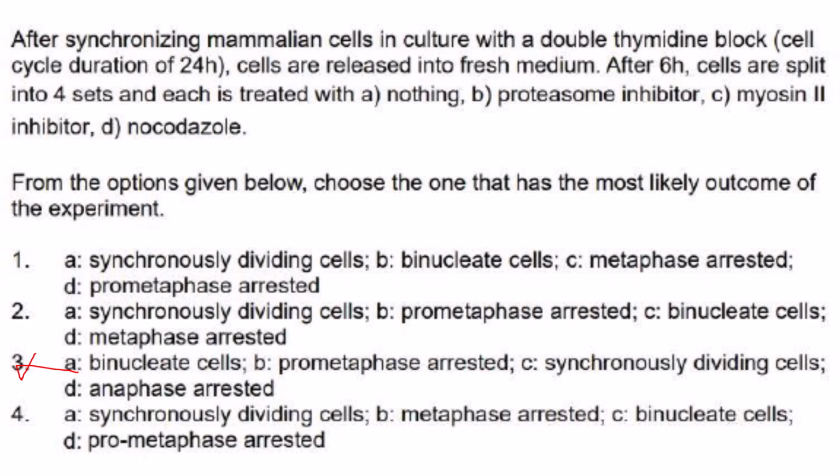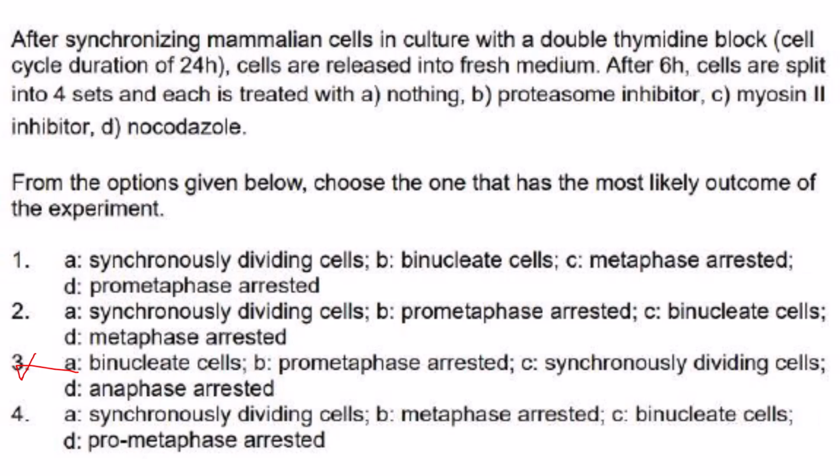Then proteasome inhibitor. Now where is this proteasome coming in the cell cycle? At what stage of mitosis? So at G2M transition, I told you it is your cyclin B that is rising, or increasing in concentration. Now proteasomes are involved in the degradation of these cyclins.